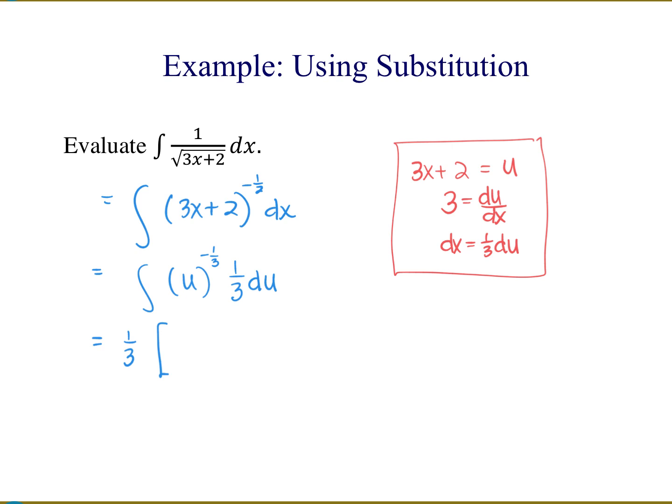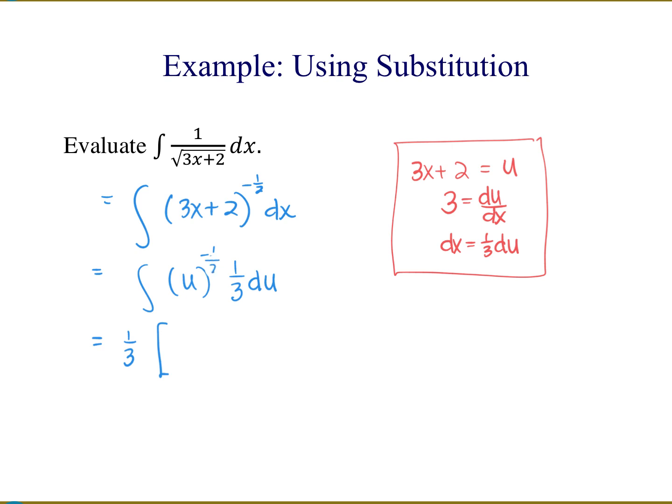So the antiderivative would still have parentheses around u, but now it would be raised to the 2/3 power and then divided by 1/2. Oh, whoops, I changed it by accident. Thanks. Let's fix that.